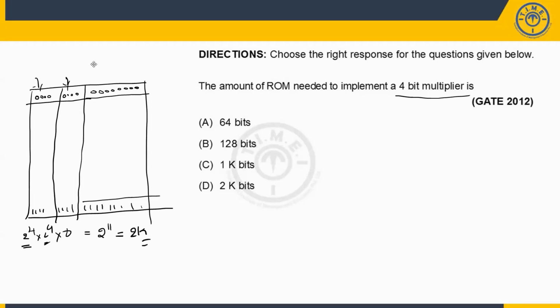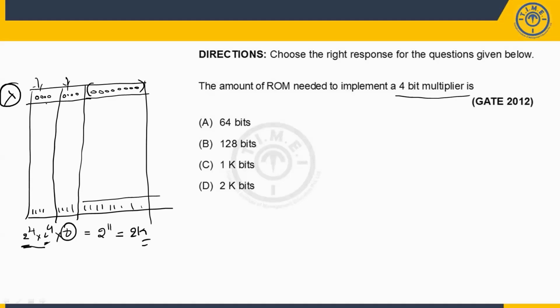I just got a confusion here. This is true, it's 8 digits. For every combination, we require 8 digits, right? Did you get my point? Balaji and Ravi, did you understand this? This is your total multiplier. It's a 4-bit multiplier.